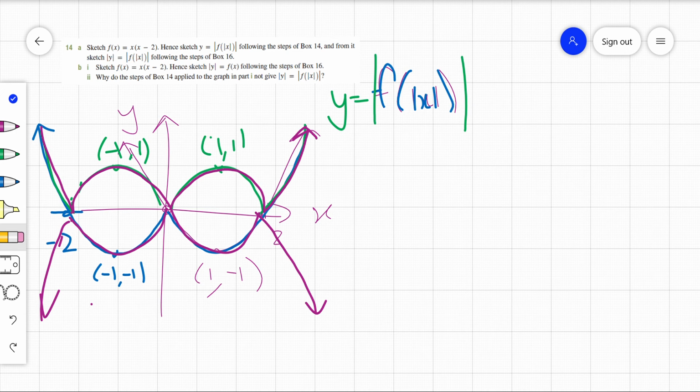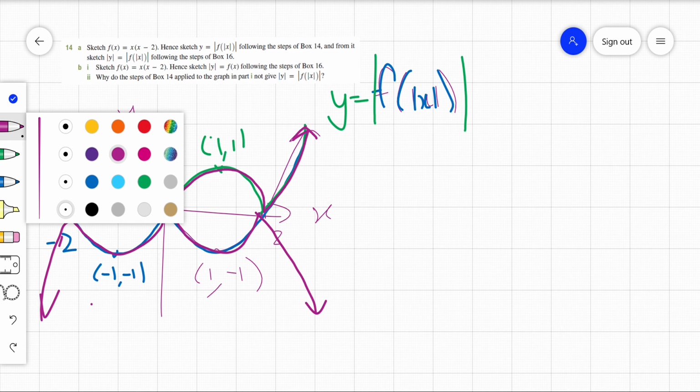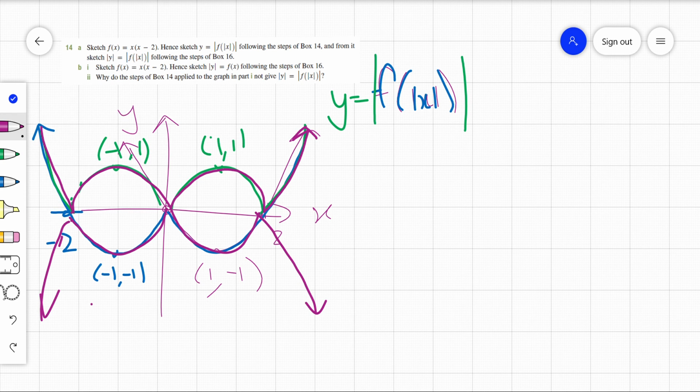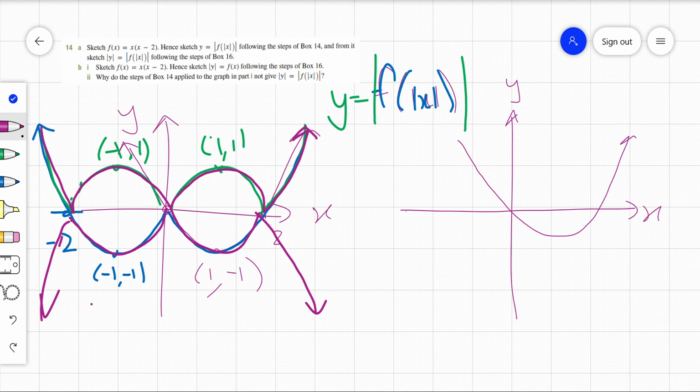So let me go back to this and start with our original again. Here is our original curve, which goes through 0, 2, and has a vertex of 1, minus 1. First it says let's do the absolute value of y equals f(x).